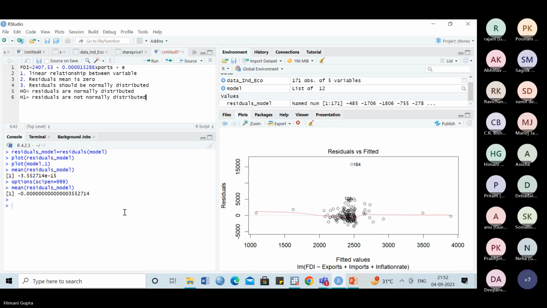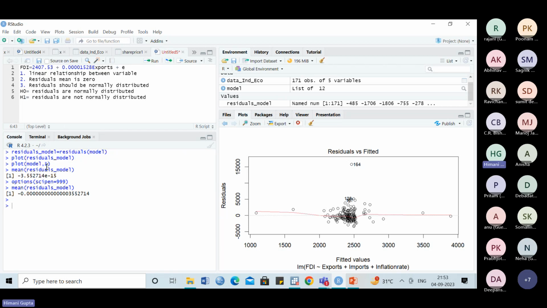Whenever I go with the test, if my P value is less than 0.05, I'll go with H1, and if my P value is more than 0.05, I'll go with H0. Ultimately, if the value is less than 0.05, my residuals are not normally distributed, and if your P value is more than 0.05, your residuals are normally distributed.